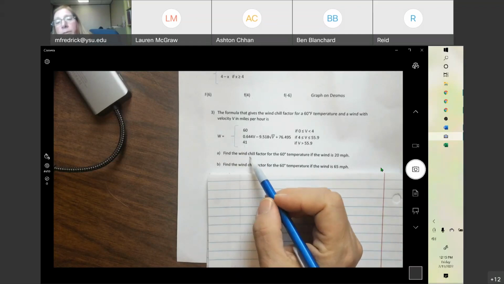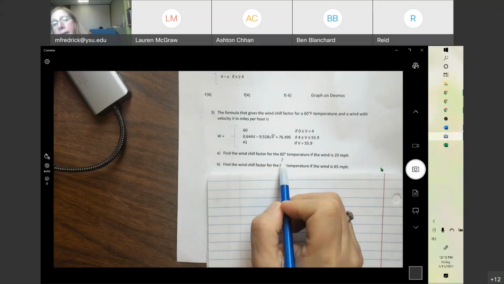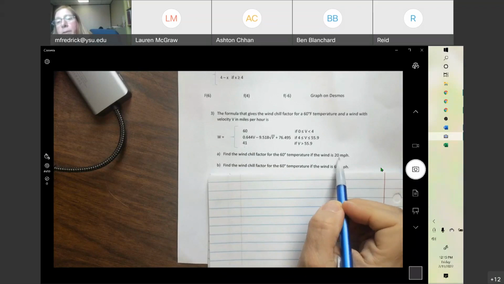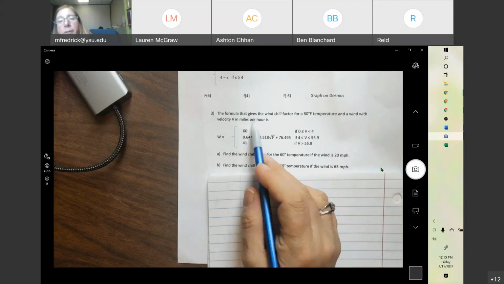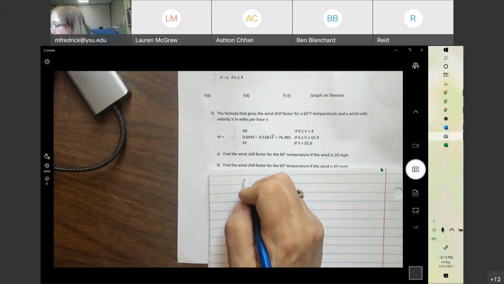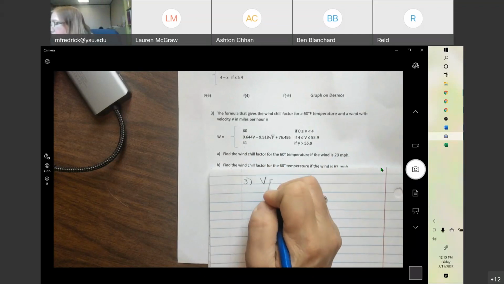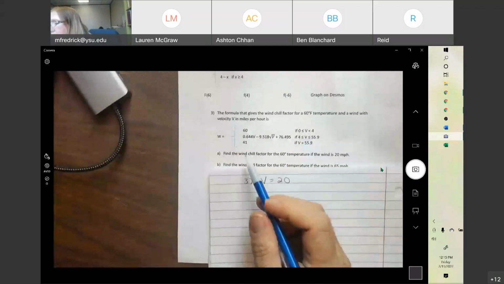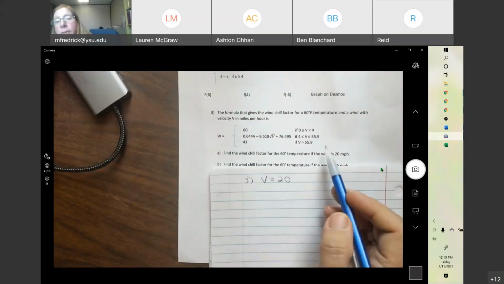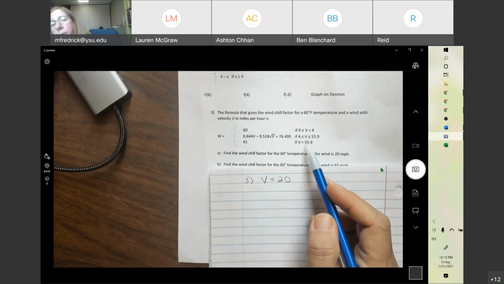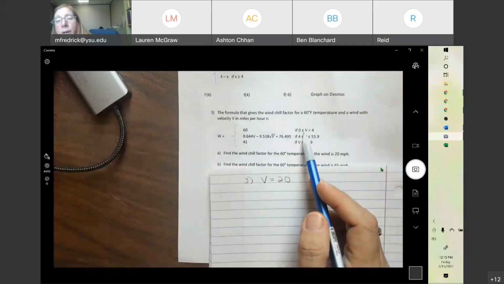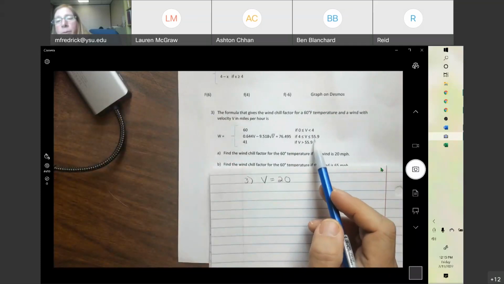So it says find the wind chill factor on a 60-degree day if the wind is 20 miles per hour. Now the wind speed, miles per hour, is V. So we're saying when V is 20, find the wind chill. So you have to decide which one of these 20 falls into. Does 20 fall into the top, the middle, or the bottom?